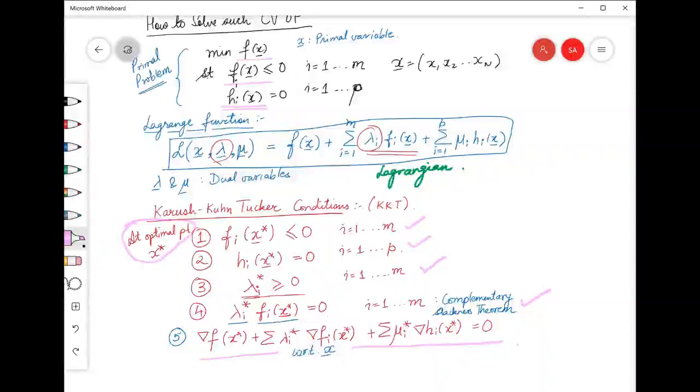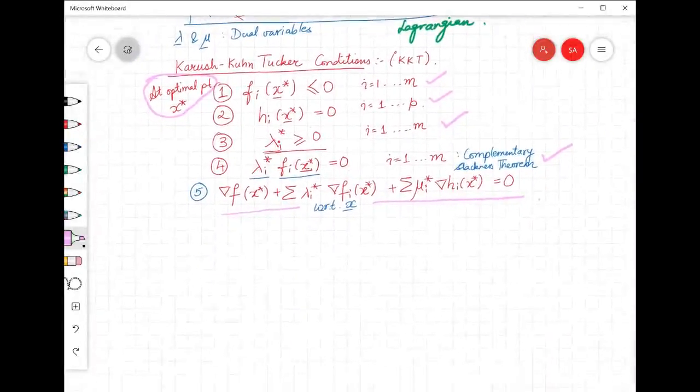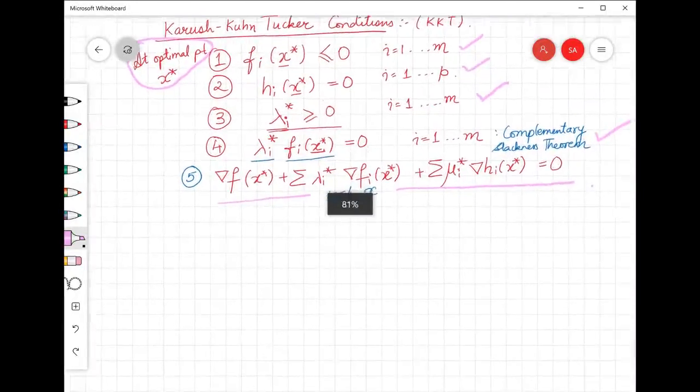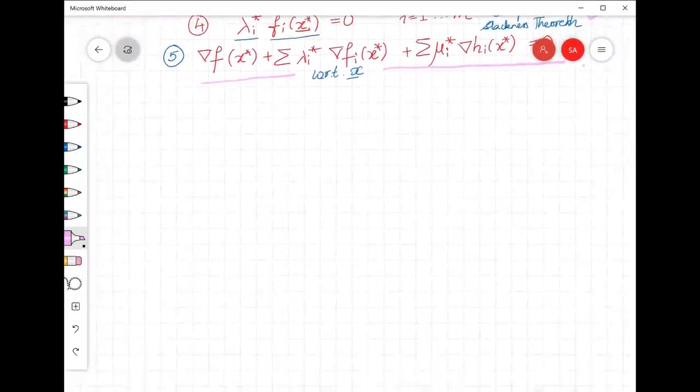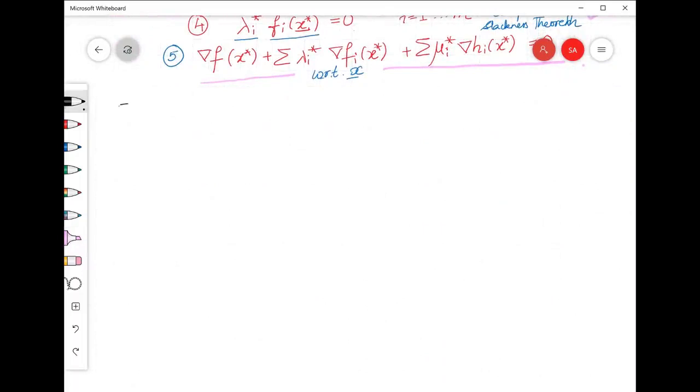Let me take one example to illustrate how to solve such kind of an optimization problem. So let me take an example here. I will take one example from wireless communications.